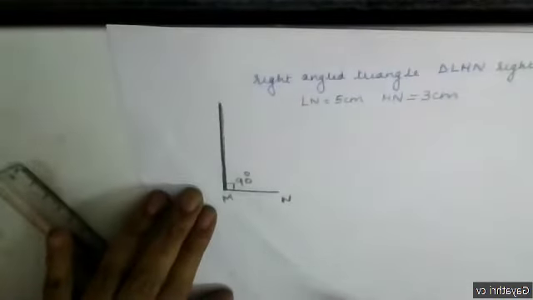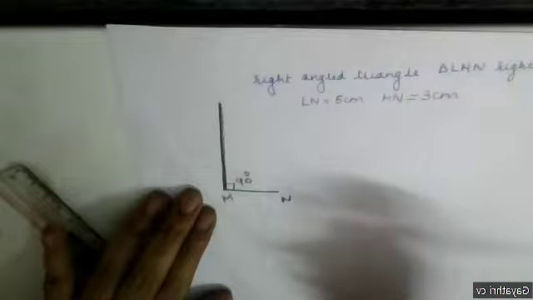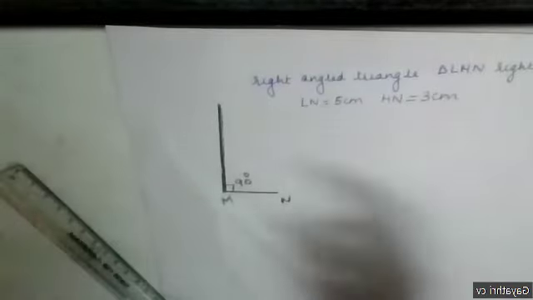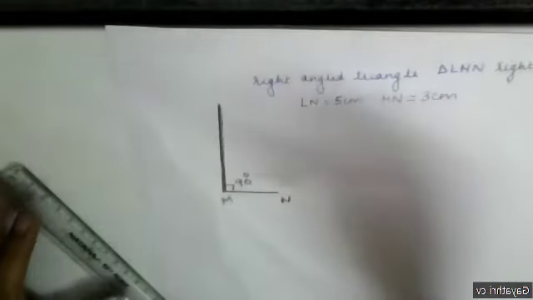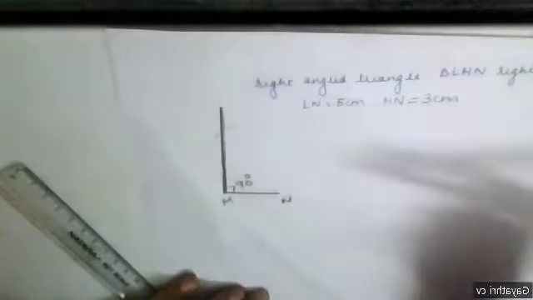Next, what is the measure that I have? I have LN is 5 centimeter. So now I have to find out the point L. To do that, let me measure 5 centimeter in my compass, and with N as center, let me cut an arc here and then join this.